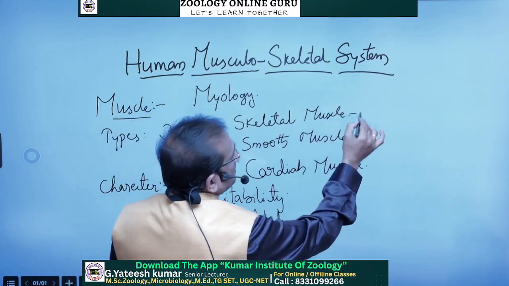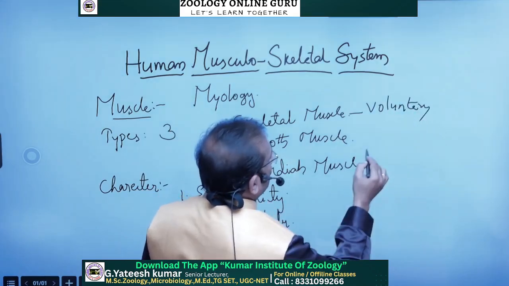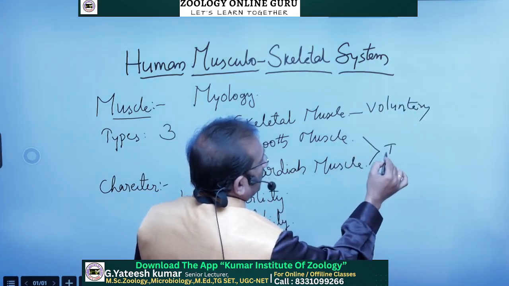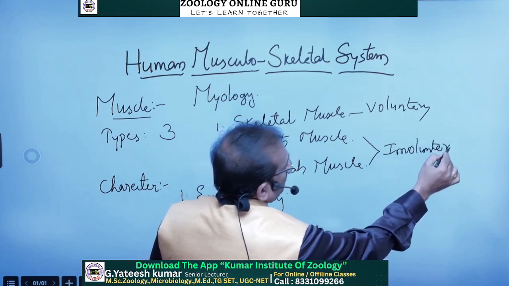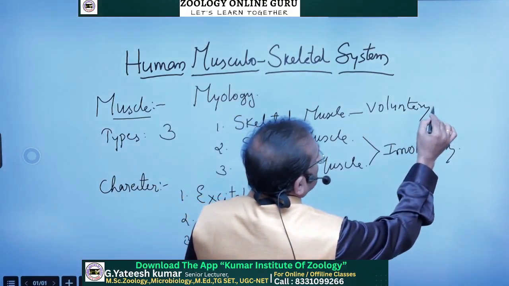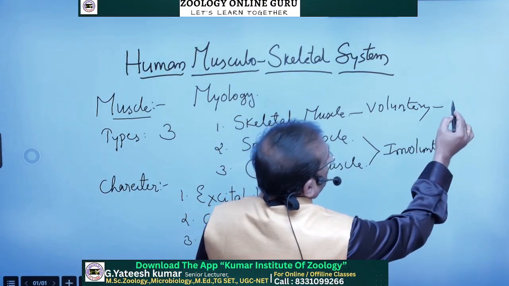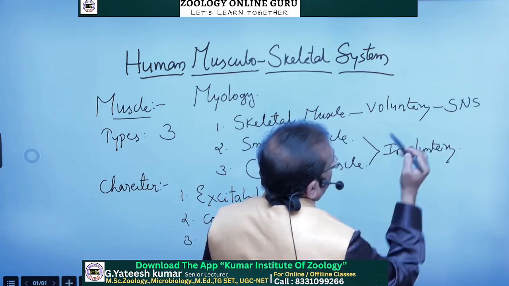Skeletal muscle is voluntary in nature, and the remaining two are involuntary. All skeletal muscles are voluntary muscles, under the control of the somatic nervous system.